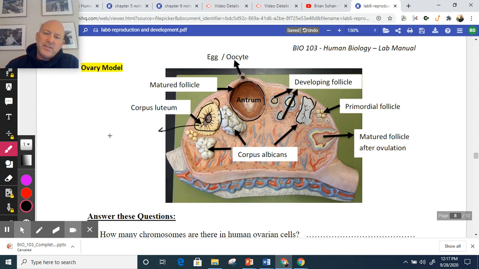If the egg cell does not become fertilized, the corpus luteum will break down, forming these white bodies called corpus albicans. The corpus luteum comes as a result of what's left over from the matured follicle after ovulation. So this differentiates into this. And then these break down into these.